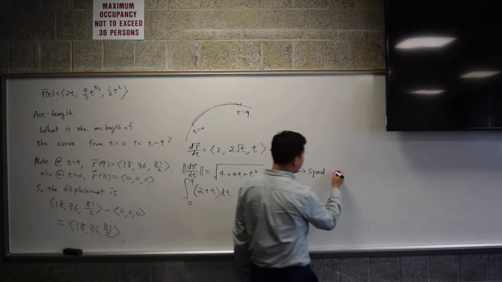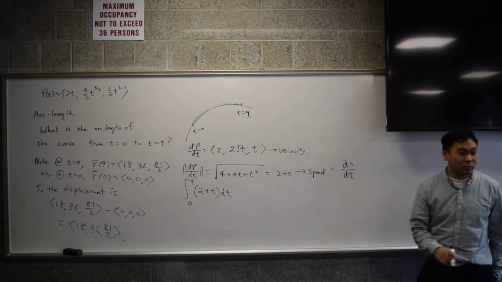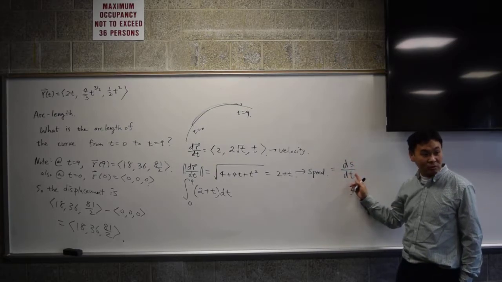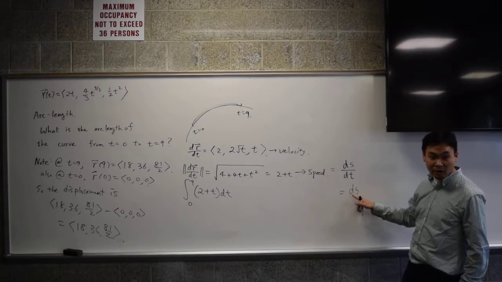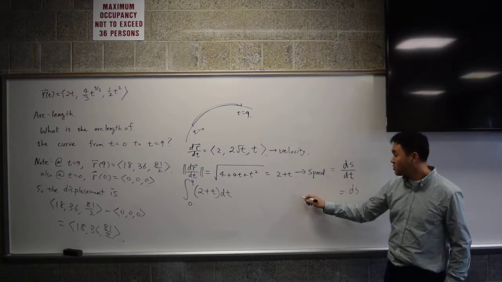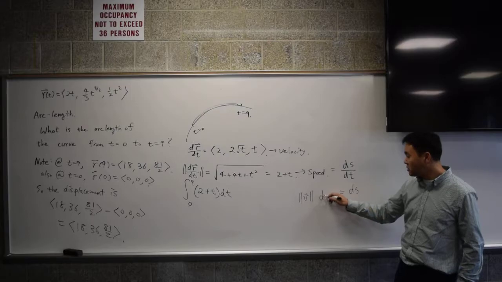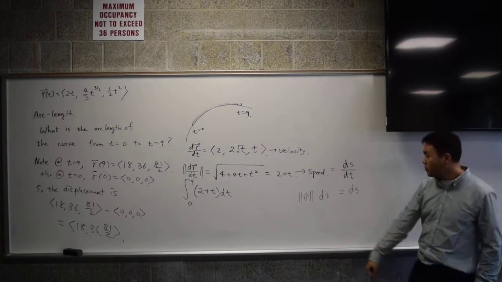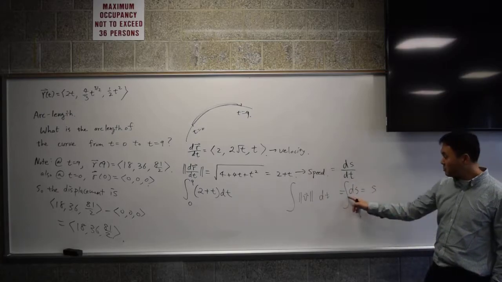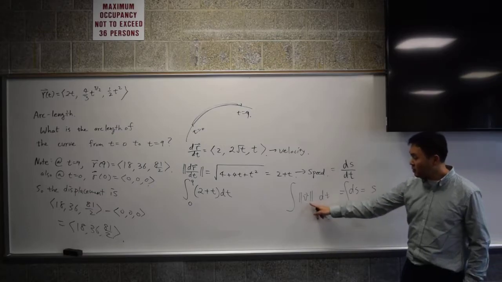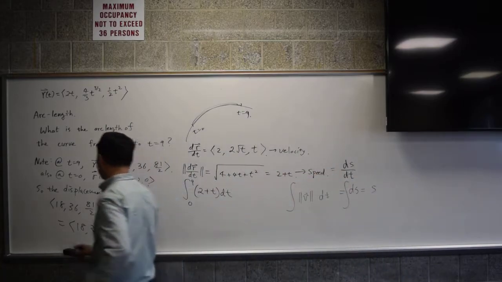Speed is change of distance over time. Therefore, if you have ds, the change of the arc length, that's the same as the norm of the velocity, which we call the speed, times dt. And therefore, if you want to recover your distance traveled, you add up all these small distances, right? That's the formula that we have to use.